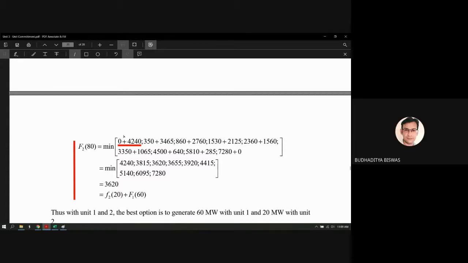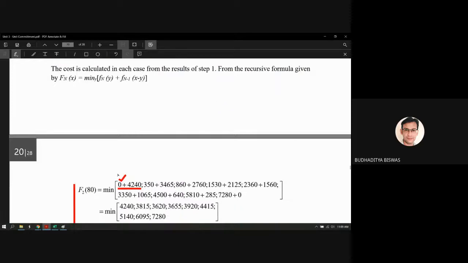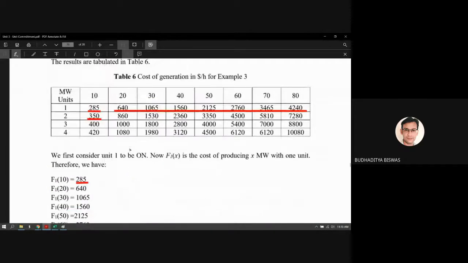If unit 1 is not generating anything, why would cost be required? That's why it is 0. Second one, how much cost is required to generate 80 megawatt using unit 2? From the table it's 4240.